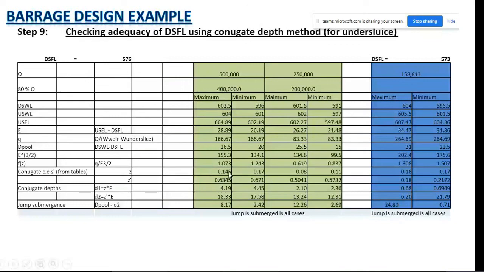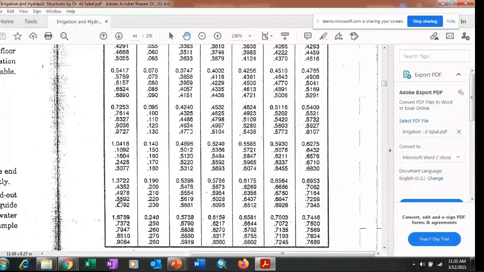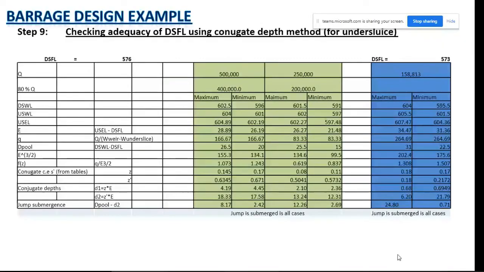For 1.073, between 1.04 and 1.1, interpolate a value in between to obtain a value for 1.07, in between 0.14 and 0.15. Z and Z dash are seen from this table I have shown you. See the value of Z dash for phi equal to 1.